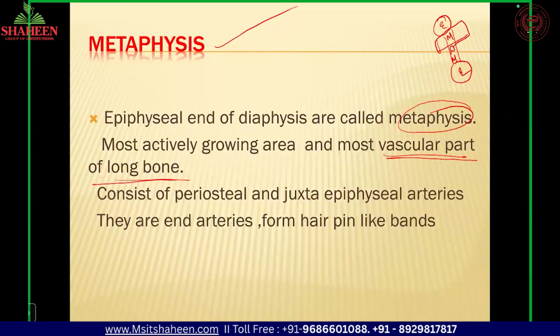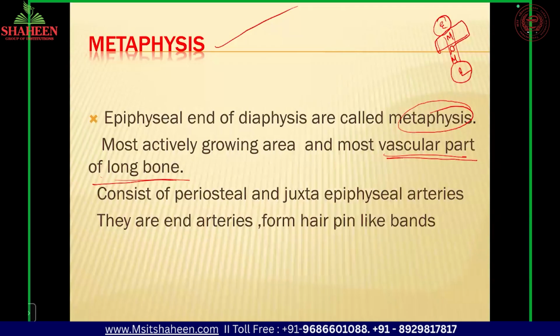So what will be the risk of this area? Maximum vascularity is present, so maximum blood supply is going to that particular area. So the metaphyses are more prone to infection. Infection of bones is very serious. What is the name of inflammation or infection of a bone?